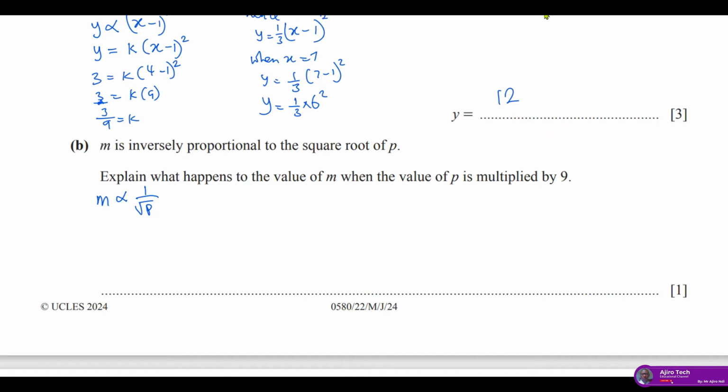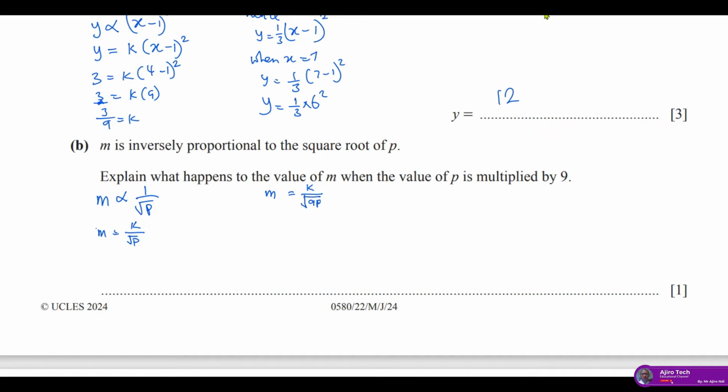I can say that m equals k over root p. So imagine that we now multiply the value of p by 9. M now equals k over the square root of 9p.